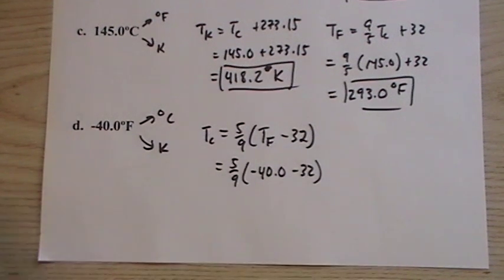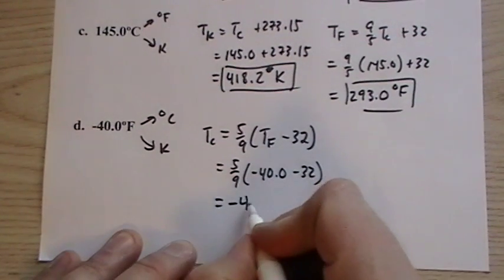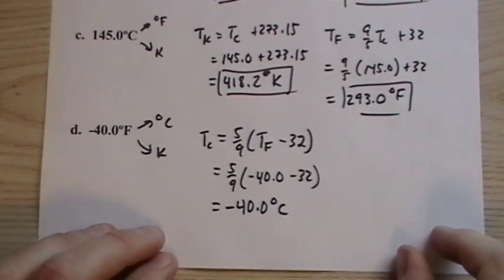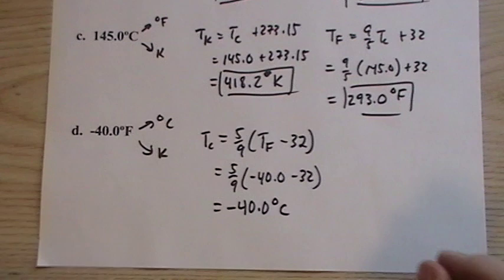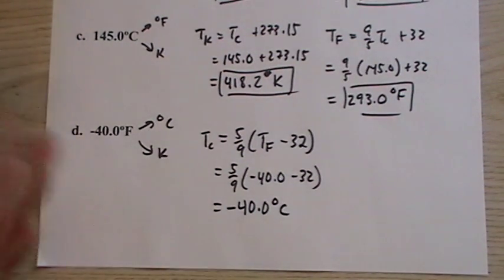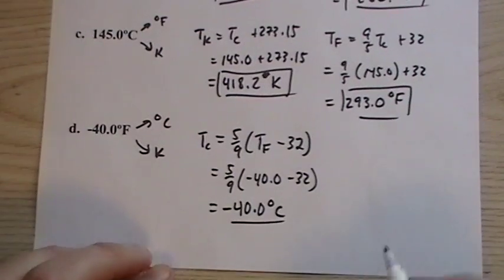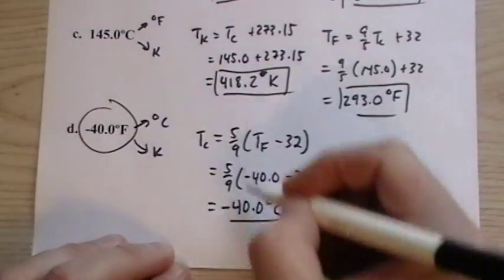So that's minus 72 in the parentheses times 5 divided by 9, and we end up with minus 40. This is because the scalings of Fahrenheit and Celsius are different from each other, so the slopes of temperature versus the gradients on the thermometer are different. So their lines do eventually intersect, and they intersect at minus 40 degrees Celsius.